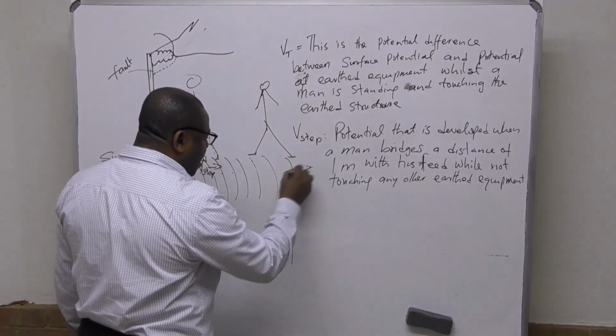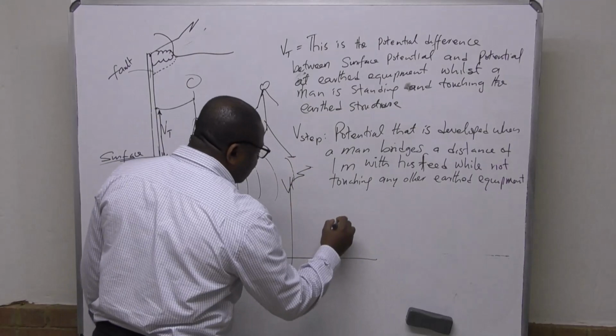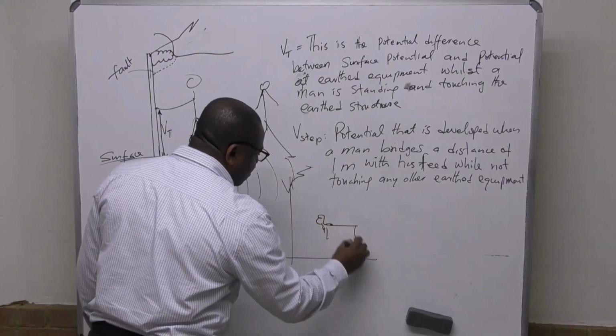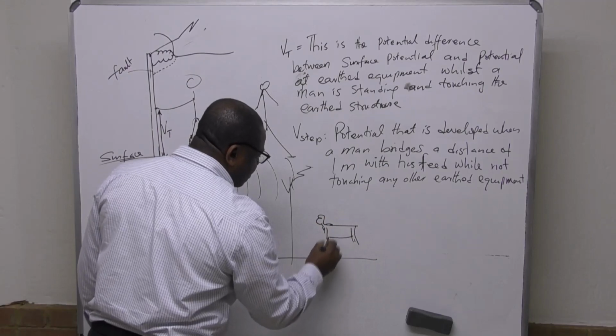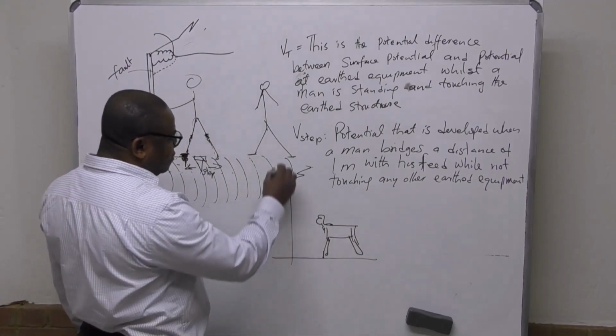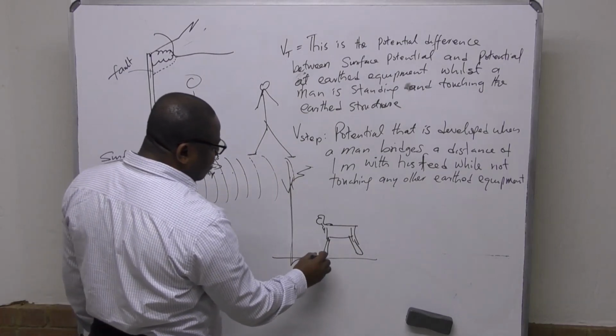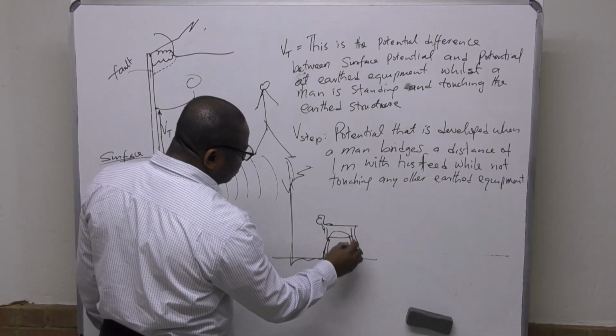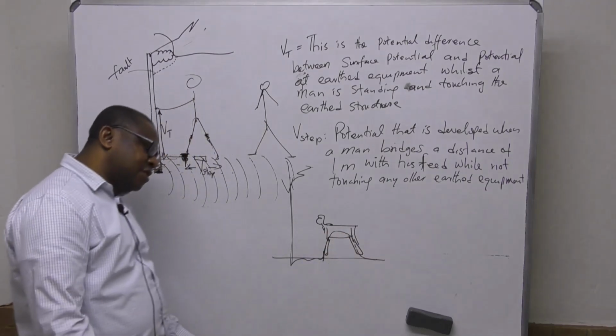Lightning struck that structure, and this is an animal, if I know how to sketch. As this current flows into the ground, when it comes here, it decides, should I continue to flow like this, or can I go through this? Then you see the animal will just die.